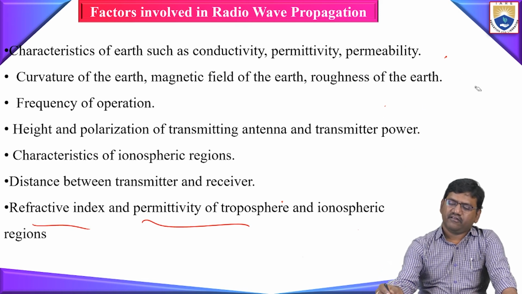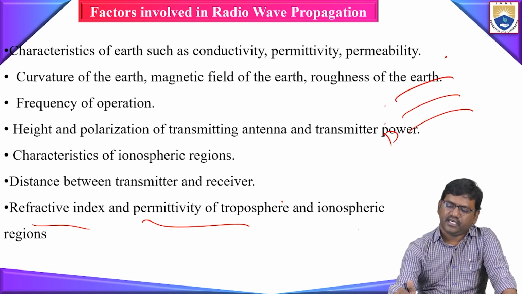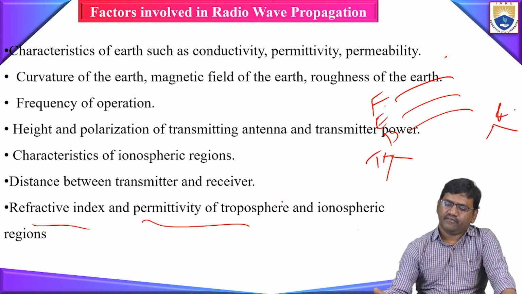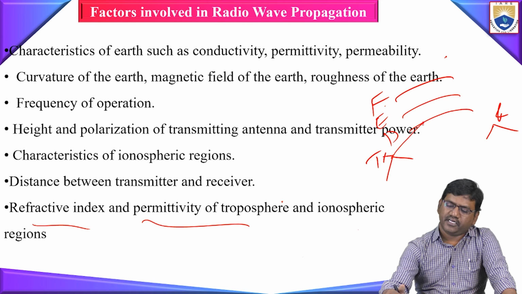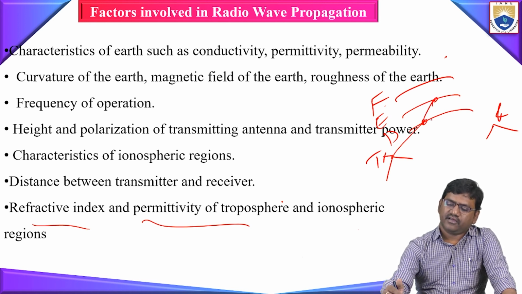As we know, when the wave is traveling through the different layers of the atmosphere, D layer, E layer and F layer, and if this is the transmitting antenna and this is the receiving antenna, when the wave penetrates from the D layer to the E layer, one layer will be denser and the other layer will be rarer.